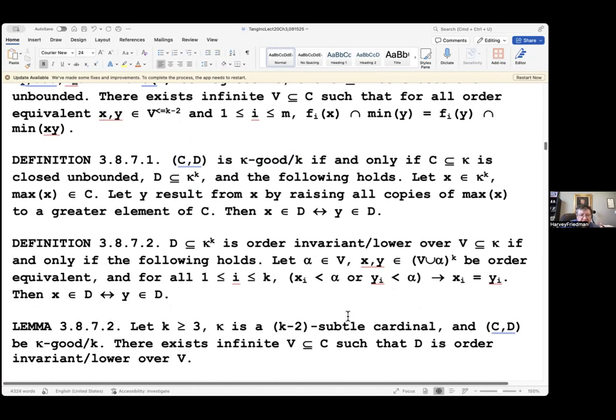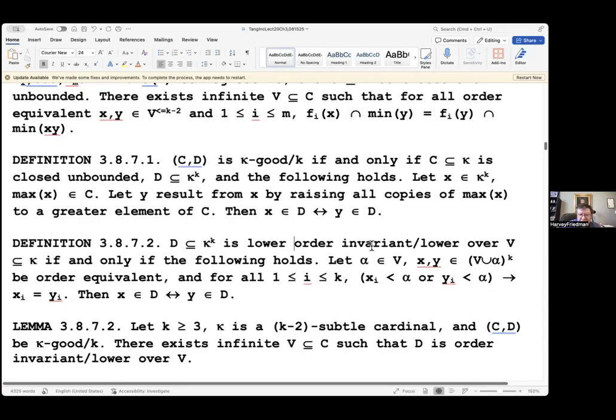Now, D is said to be lower order invariant. I changed this to lower order invariant. I didn't do it everywhere.